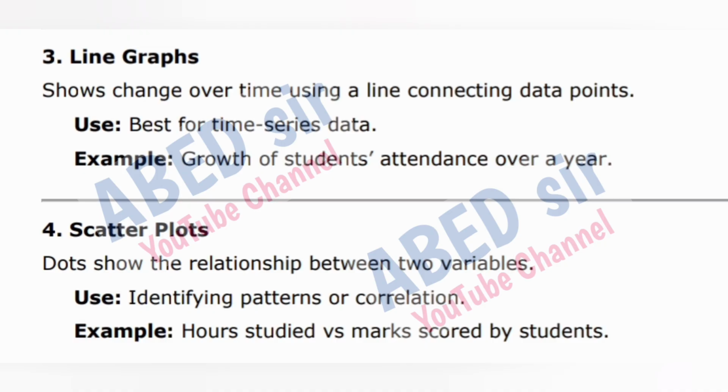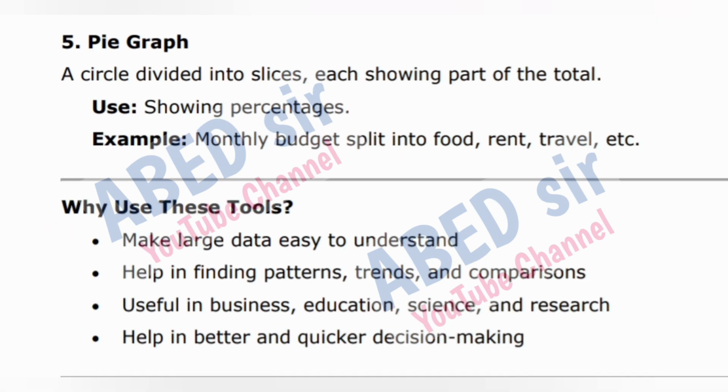Use: identifying patterns or correlation. Example: hours studied versus marks scored by students. 5. Pie graph. A circle divided into slices, each showing part of the total. Use: showing percentages. Example: monthly budget split into food, rent, travel, etc.